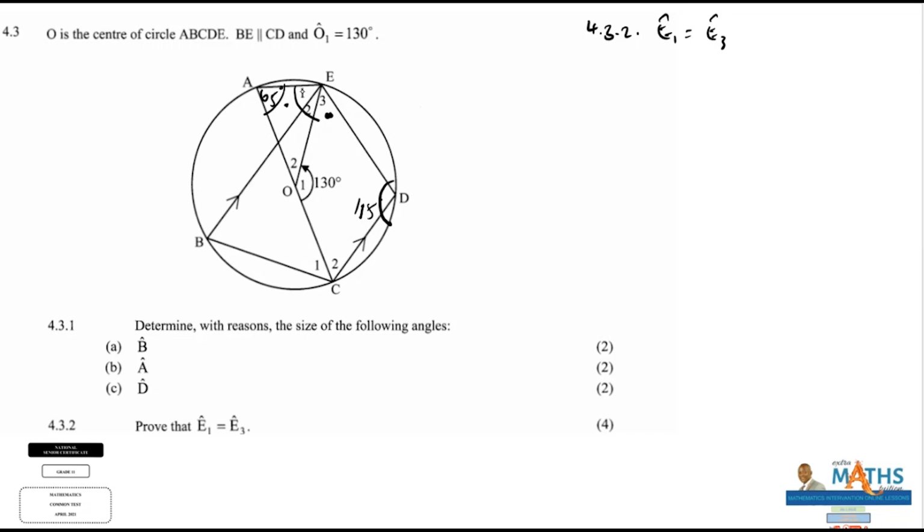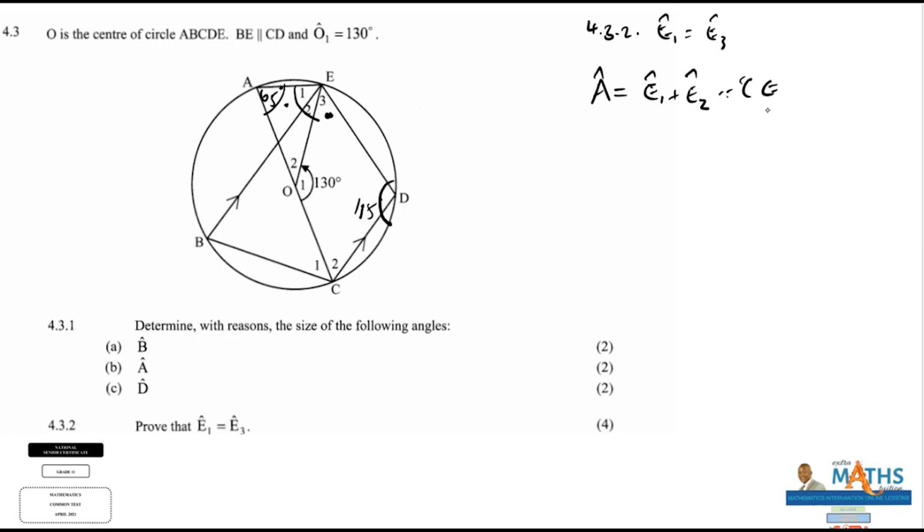If I look at angle E1, it has a relationship with angle A. It means angle A is equal to angle E1 plus angle E2. You agree with me? Because of what?